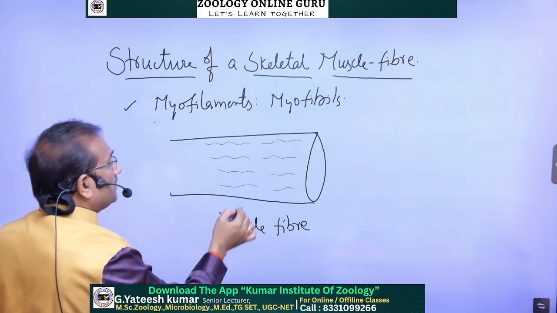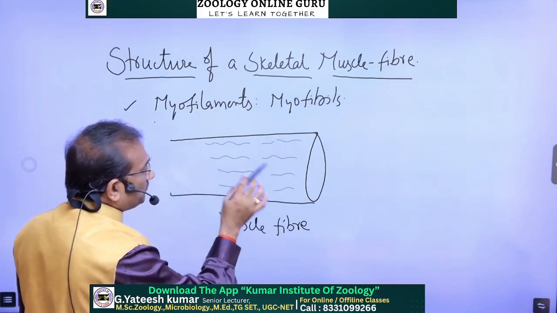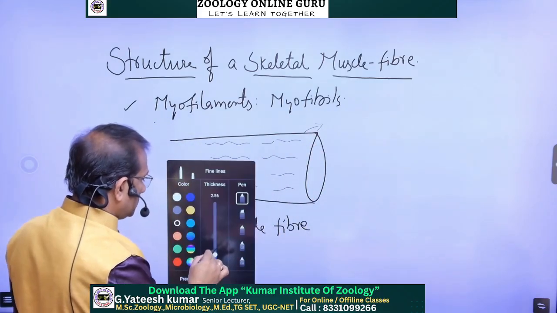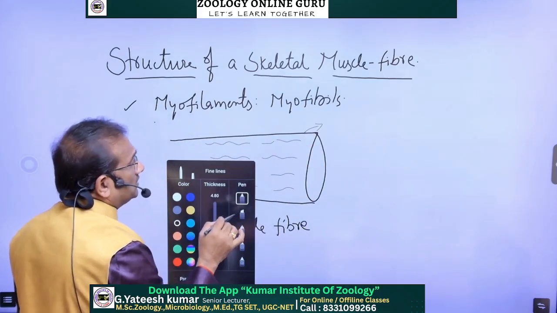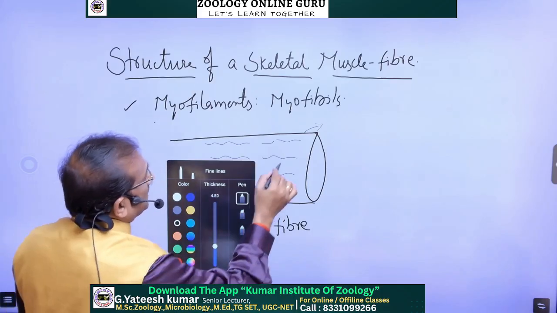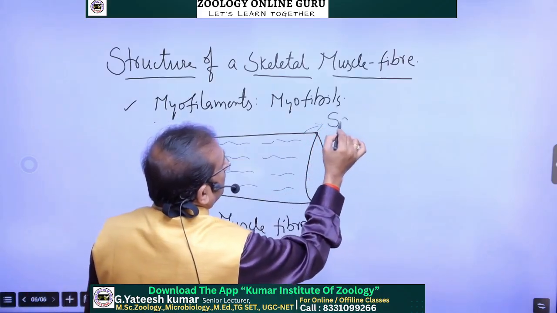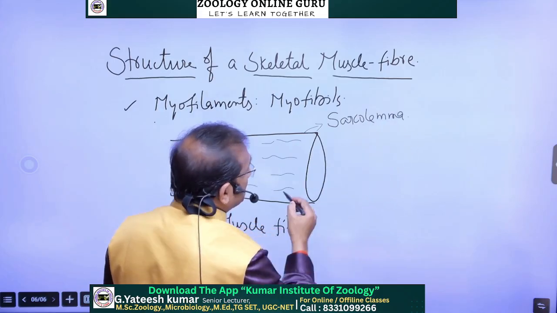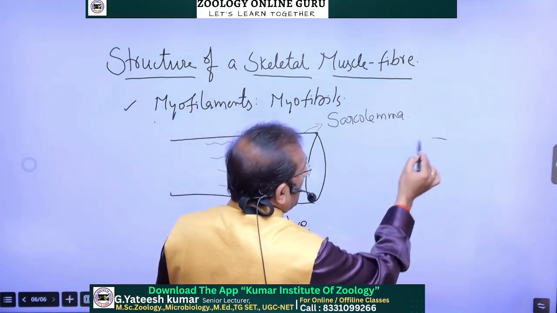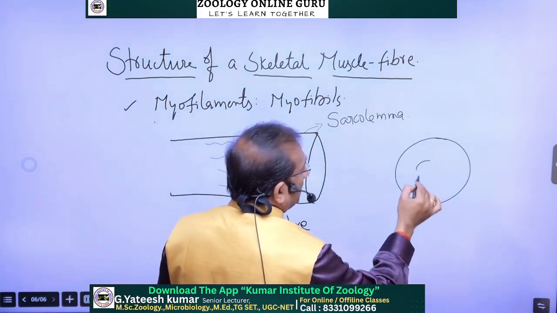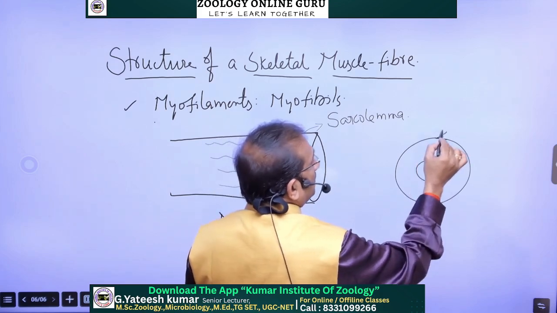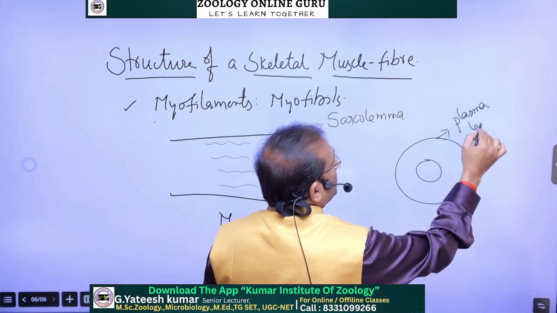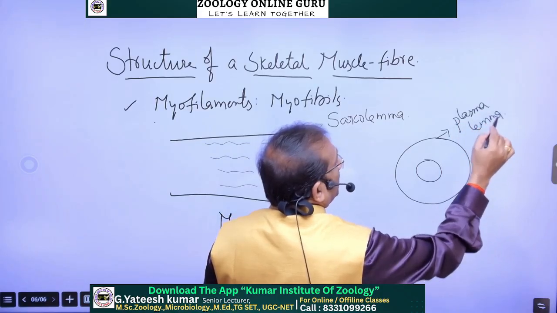This is the muscle fiber, and the outermost covering of the muscle fiber is known as sarcolemma. In our common body cell, the animal cell, the outermost covering is called plasma lemma or cell membrane, also called plasma membrane.